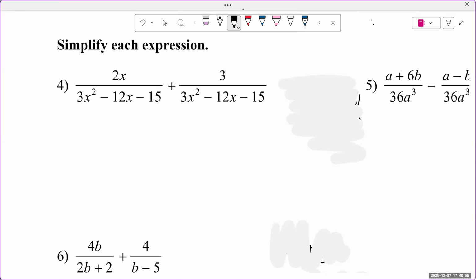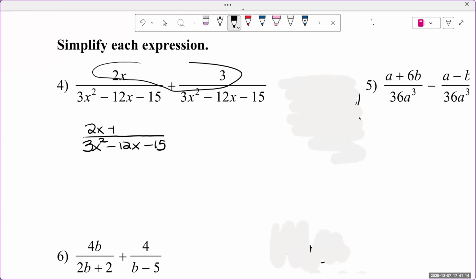Number 4, we need to add these fractions. So we have a common denominator. And on the top, we're going to add 2x plus 3. Now, there's a possibility we're going to factor the bottom and find some factors to cancel.